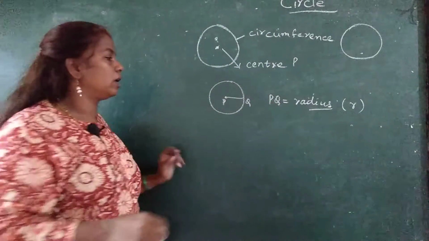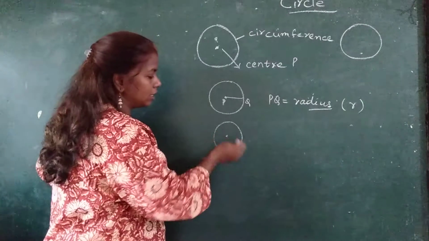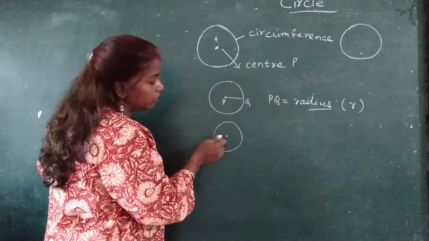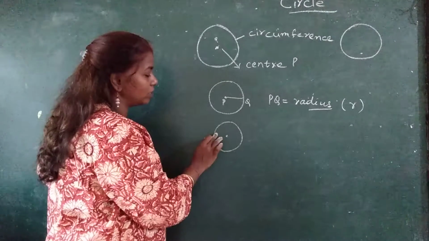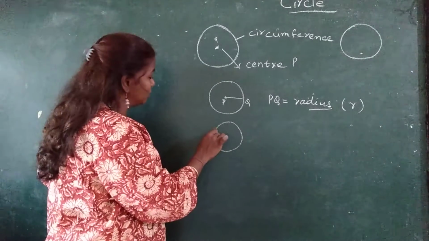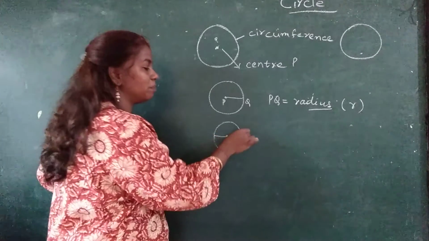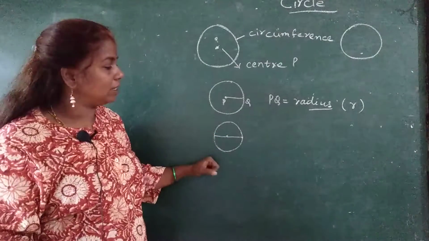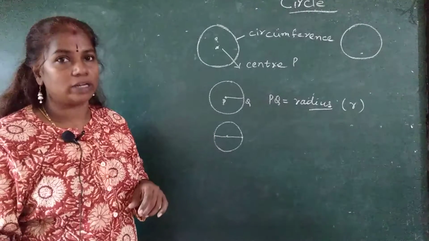Okay. Now suppose one circle is there, center is there. I am drawing a line from one part of the circumference to the other part of the circumference, but it is passing through the center. What I have done?